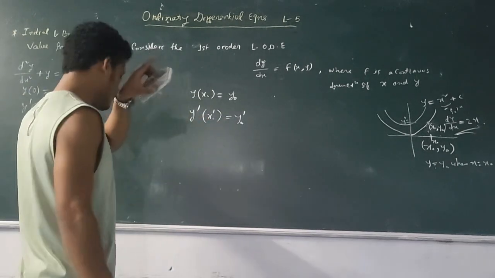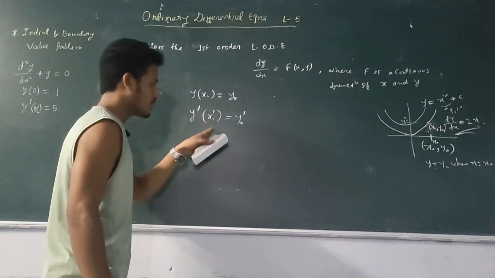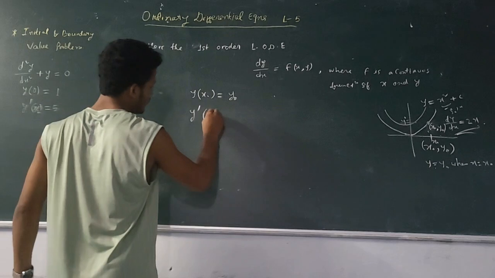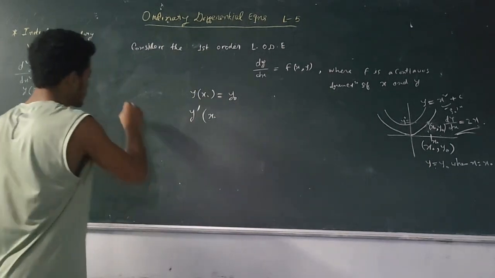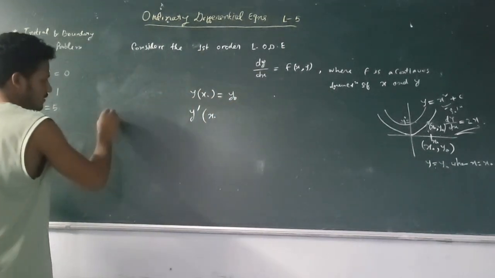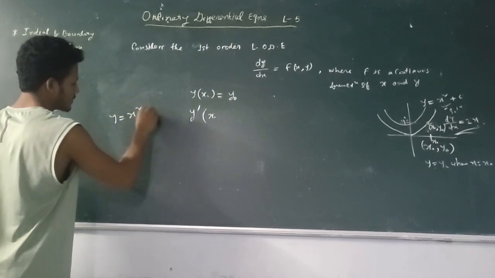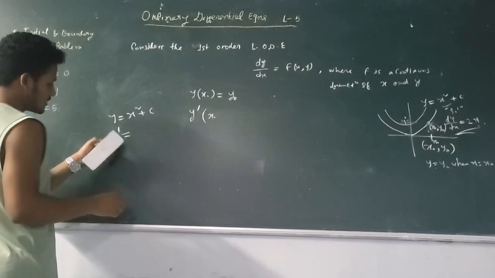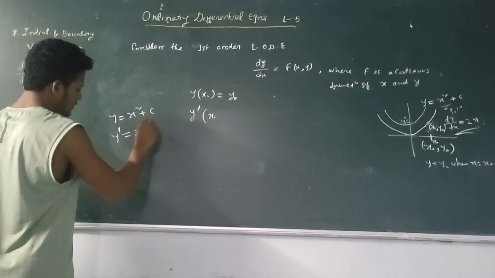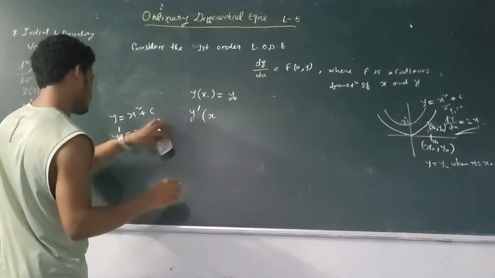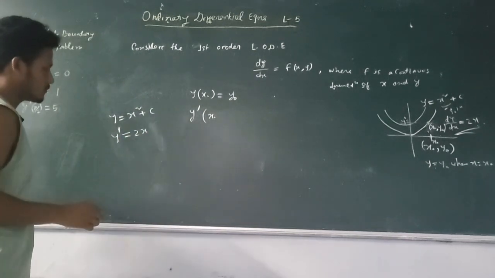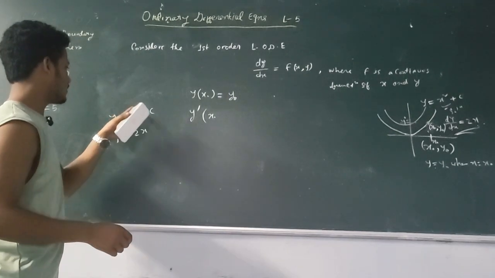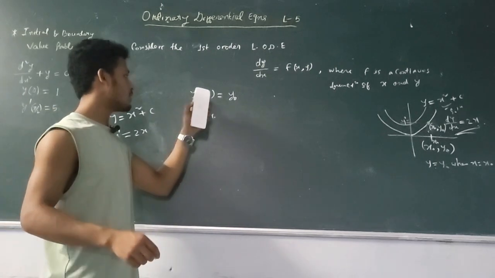Now this is an initial value problem. This is not a boundary value problem, because ये x naught नहीं है. So y dash of x naught after differentiating, let us suppose an example, so here you look, y is equal to x square. This is a function. इसका first derive, differentiate this function. This will be twice x. That means now the initial condition is, first initial condition is y of x naught is equal to y naught.